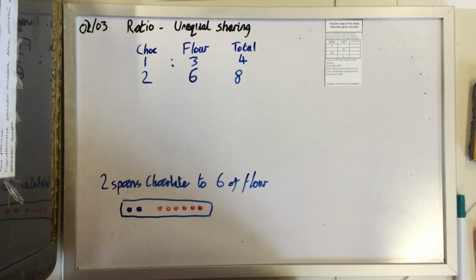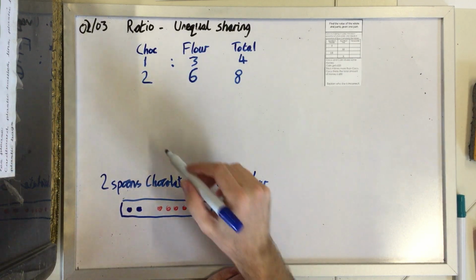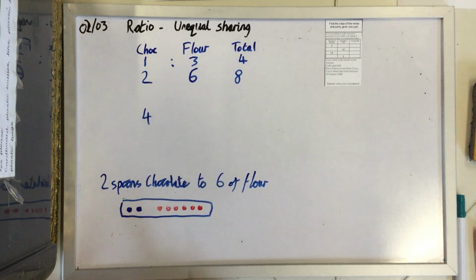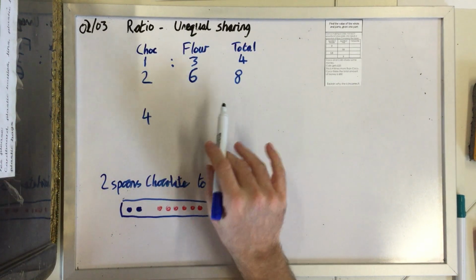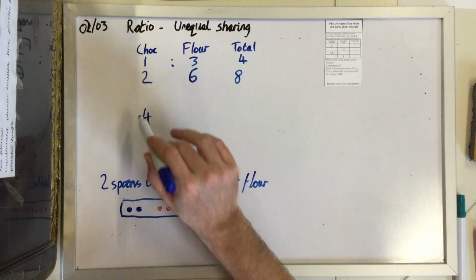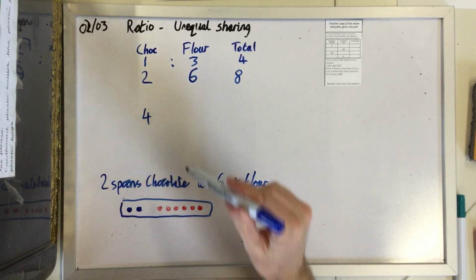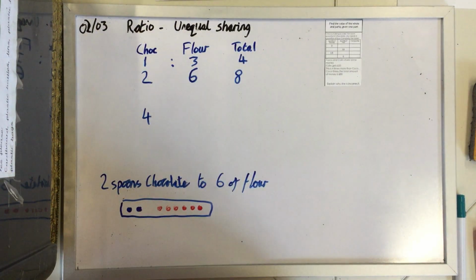And here you might start seeing that pattern. What we can do, let's say I was given 4, and I need to work out the rest. Can you work out the rest if you just know that you need 4 spoonfuls? Well, because you've been given a ratio, yes, you can.